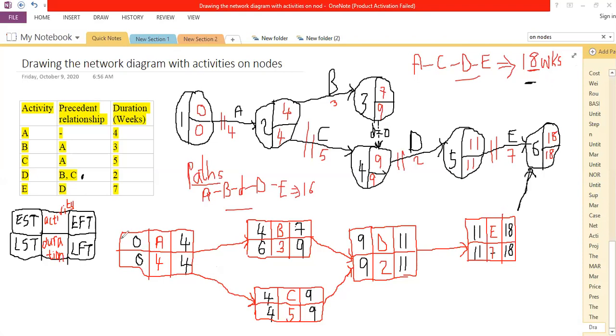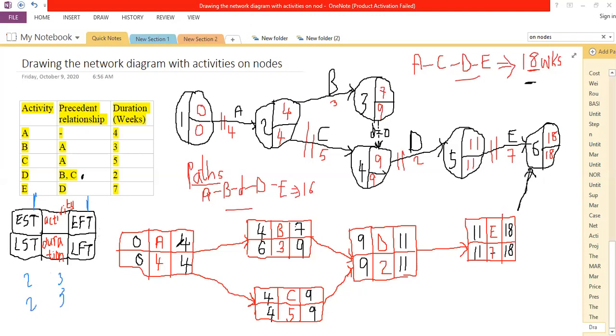If this part of the rectangle and this part of the rectangle are showing figures which are the same, like you could see 2, 2, 3, 3, and it goes all the way to the end of the project, that these two are the same, these two are the same, then such a node will fall under what we call the critical path, and you can now identify the activities which give you the critical path.